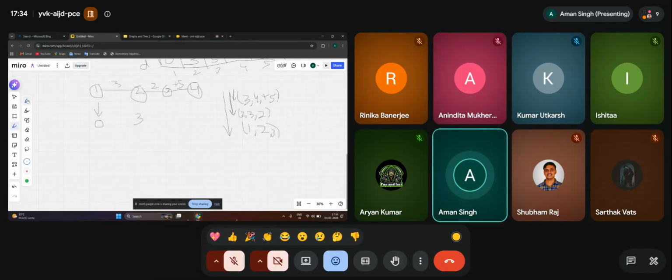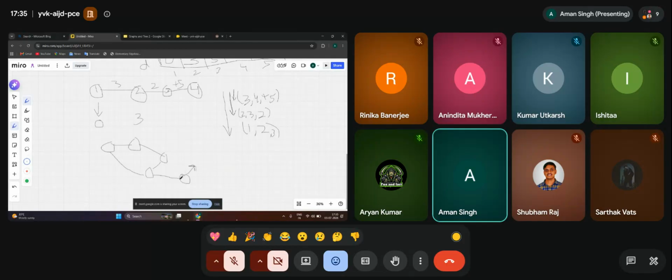n minus 1 times we need to do iteration because in a graph which consists of n nodes, suppose in a graph we have n nodes, for any path we will visit at most n minus 1 edges. Suppose I am starting a path from here and trying to find the shortest path to any other node, do you think that we will visit any node twice?